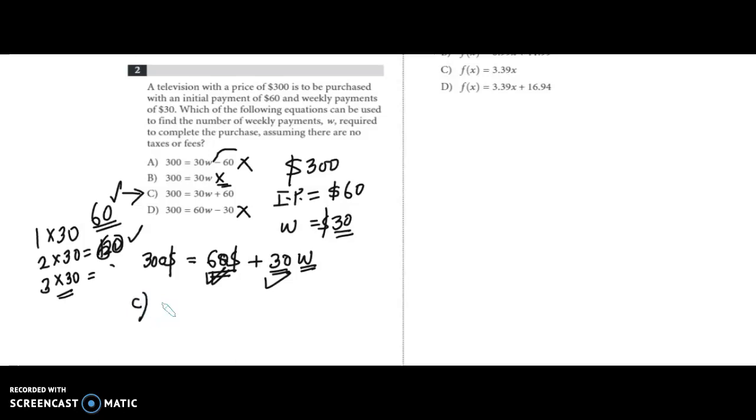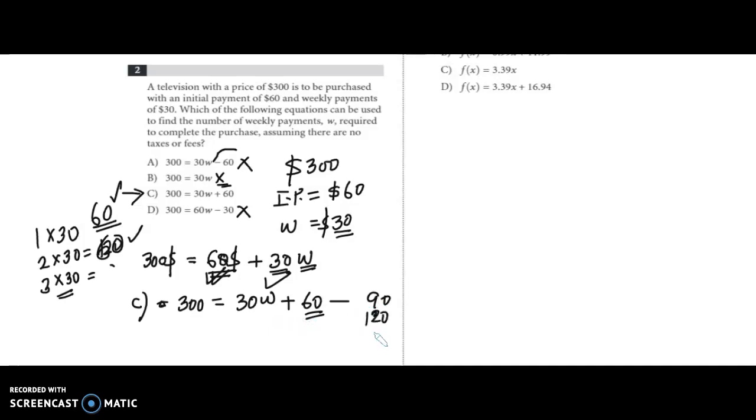C is given: 300 equals 30W plus 60. 60 is your initial payment, and every week you are paying 30. So after the first week it will be 60 plus 30 times 1, that is 90. Second week again 30, so 120.